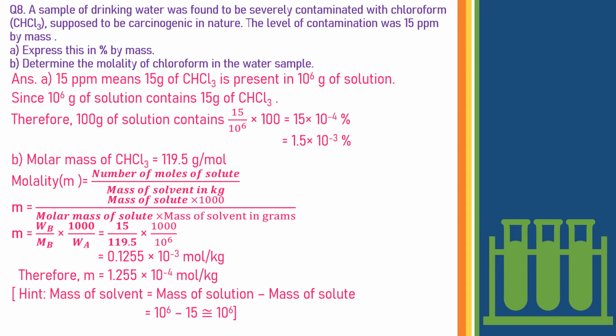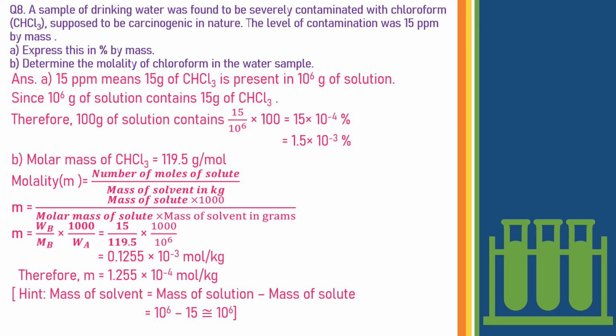So I hope you have understood this, because we have just calculated in terms of percent by mass. Now the second question is to find out the molality. For finding out molality, we have to calculate the molar mass of chloroform, that is 119.5 gram per mole. I hope you are knowing how to calculate the molar mass of any compound. After that, we are knowing the formula of molality, that is number of moles of solute divided by mass of solvent in kgs.